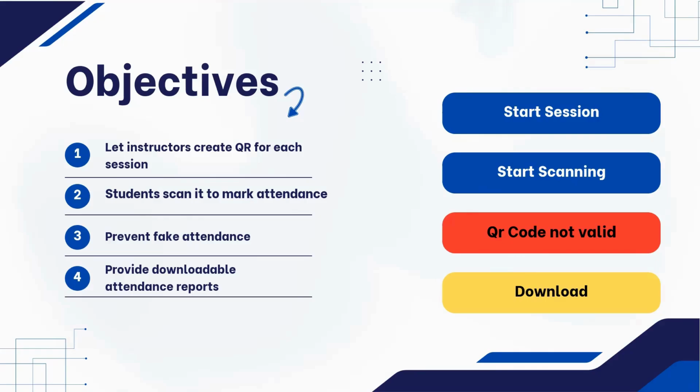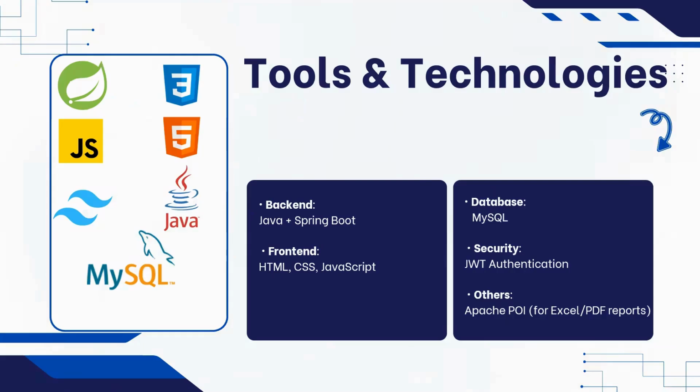So the system verifies the student is actually in class, not just scanning from home or another place. And finally, we built a reporting system so instructors can download in PDF format or Excel files that summarize who attended and how often.